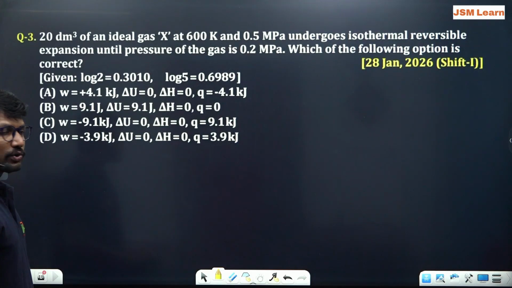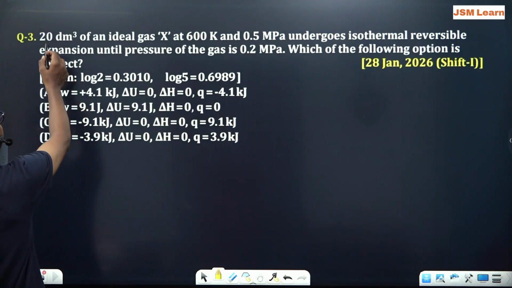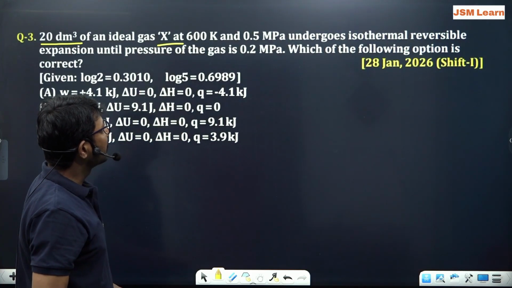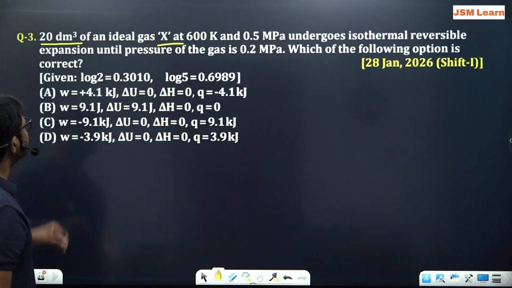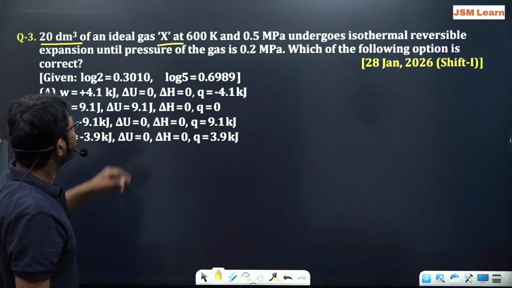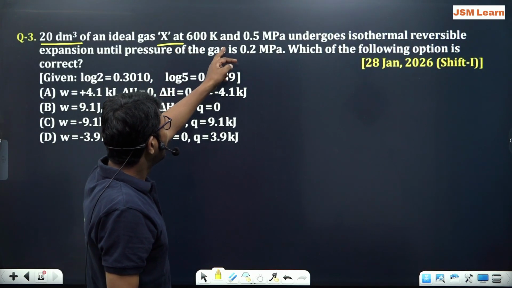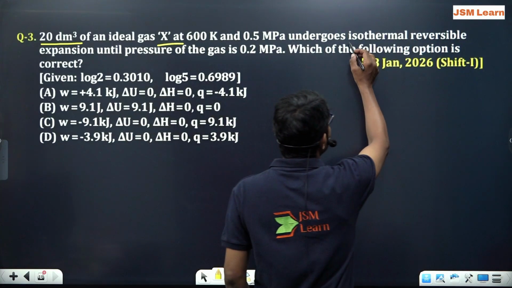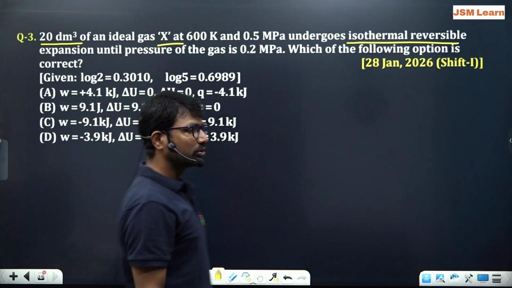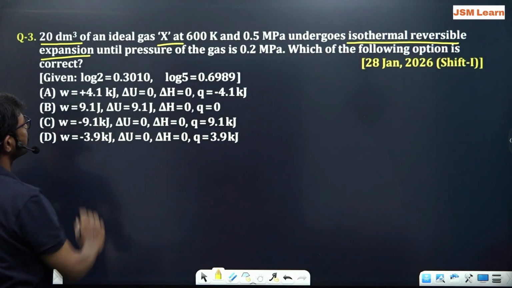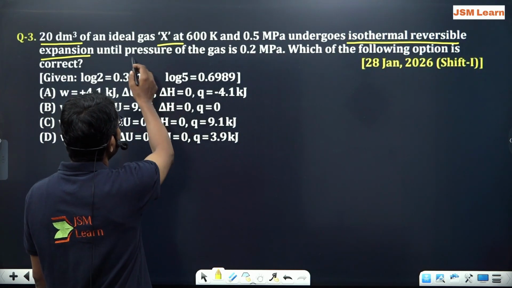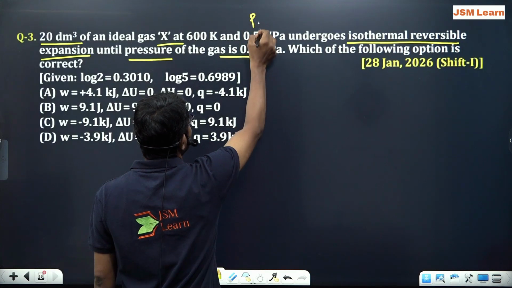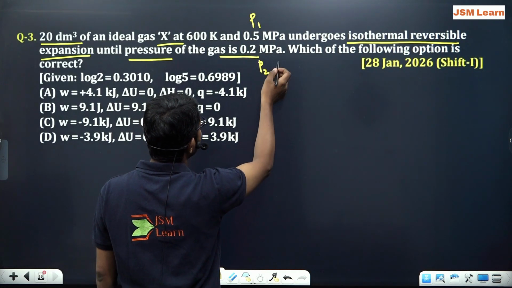In this question they are asking about 20 decimeter cube of an ideal gas X at 600 Kelvin. They have given the volume, the temperature of 600 Kelvin and 0.5 megapascal pressure, which undergoes isothermal reversible expansion, the notable point, until the pressure of the gas changes. So this one will be considered as P1, and P2 is this one.